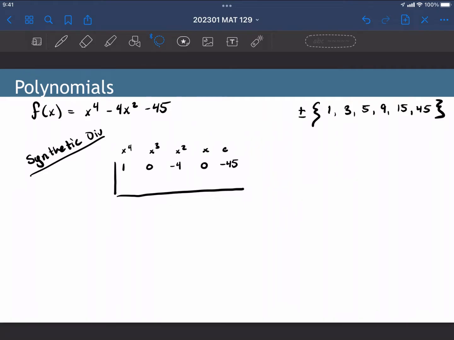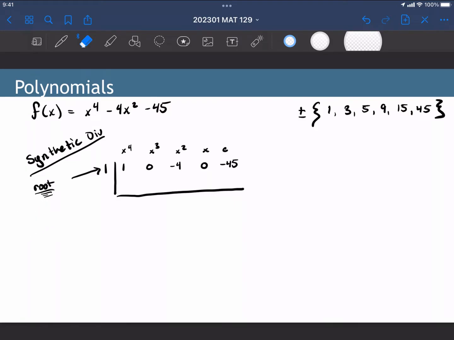Now I'm going to test positive 1. By the way, when I write a 1 here, I'm talking about the root, not the factor, because if 1 is a root, then it would factor out as x minus 1. So be mindful of that.